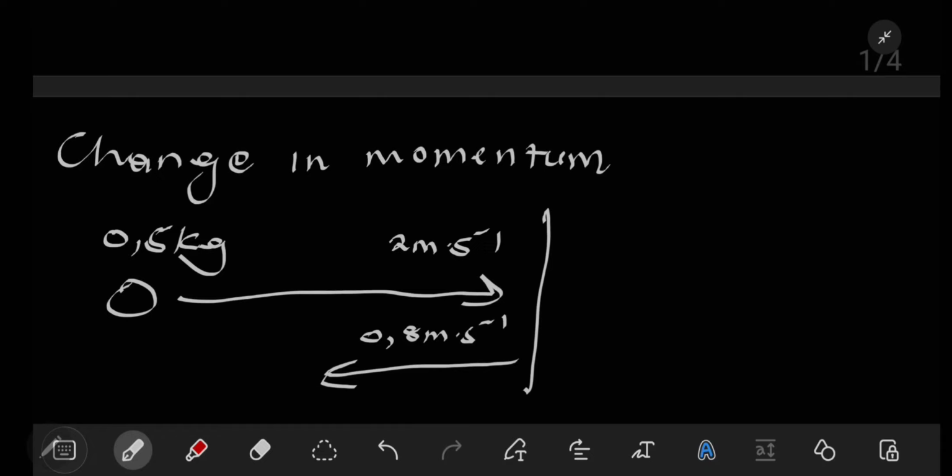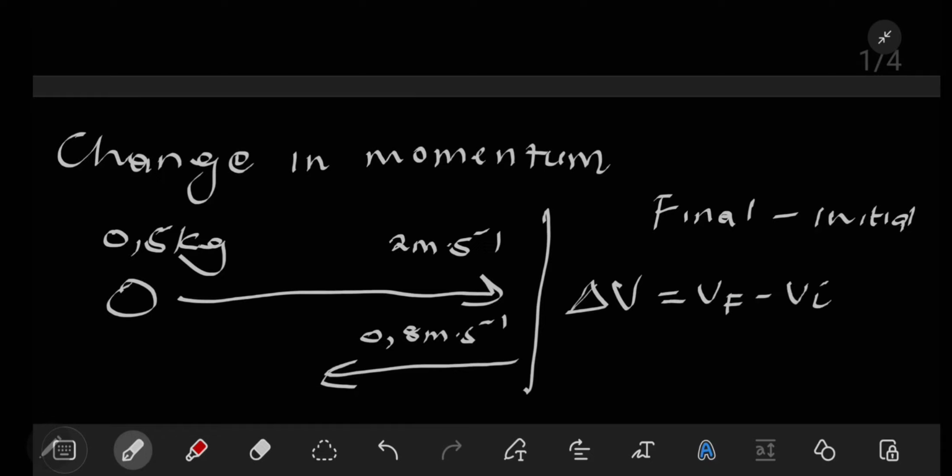Remember, from grade 10, we learned about change in velocity. And when we talk of change, we just talk of the final minus the initial. Symbolically, change in velocity means delta v equals v final minus v initial.